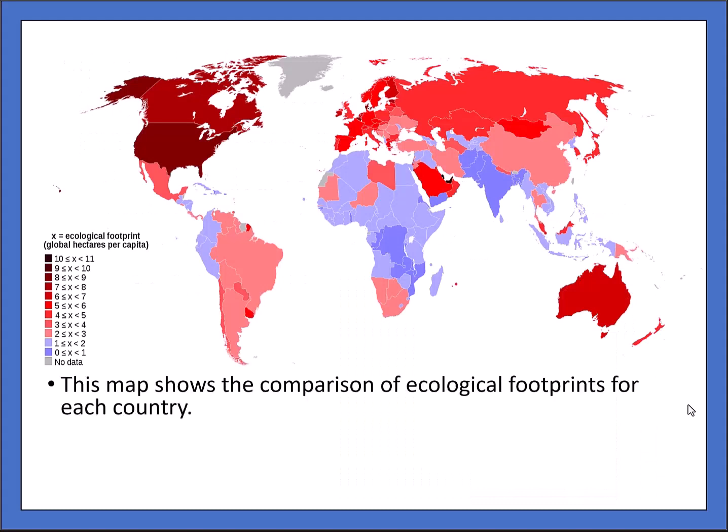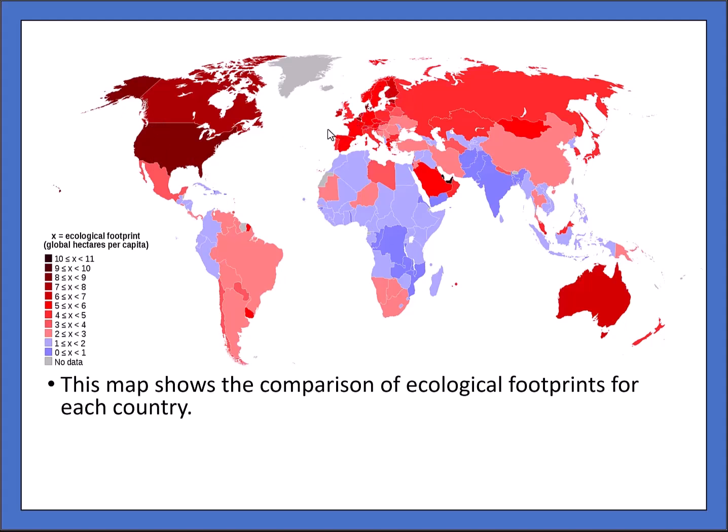This map shows the comparison of ecological footprints for each country. As you might expect, developed countries use a lot more resources. They have larger ecological footprints than the less developed countries. So the United States here, some of Europe.